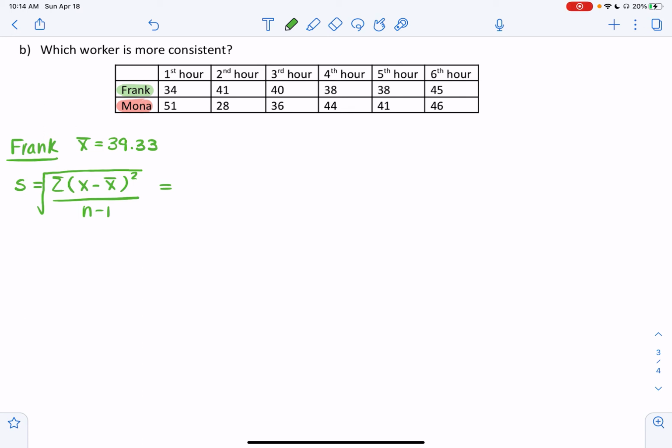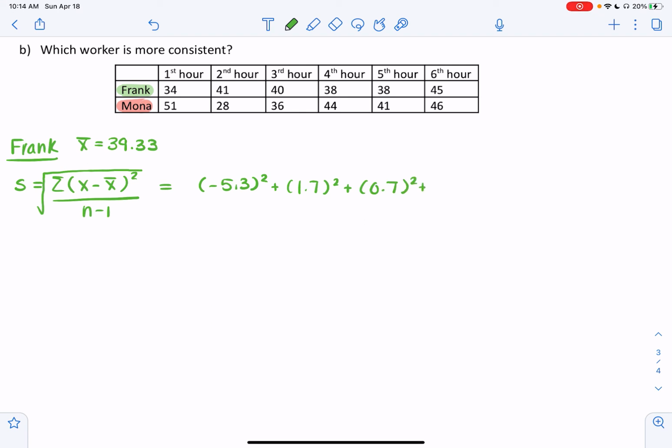So 34 minus 39.33 is negative 5.3, and then I square it. So I'm going to subtract the mean and square it. Then for my next one, 41 minus 39.33 is 1.7. 40 minus 39.33 is 0.7.